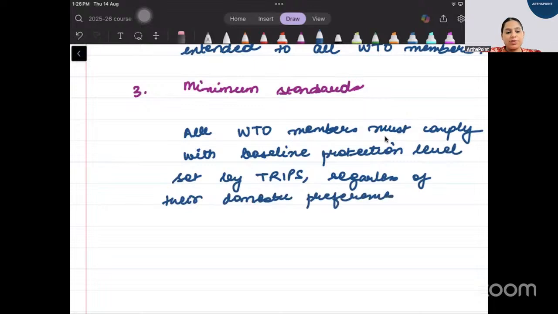Is it clear? As I said, you can give a higher level. If TRIPS says 20, you can give 30. You can allow 30 years of protection, but you cannot allow 15 years of protection. You have to give 20. That's the minimum standard you have to follow.